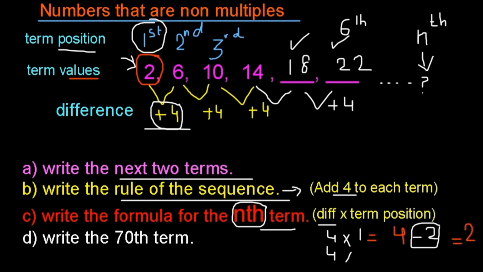Now 4 multiplied by any term means 4 multiplied by n is equal to 4n, and now this minus 2 will be copy pasted as it is over here in the formula. See? So my original formula now constructed is 4n minus 2.